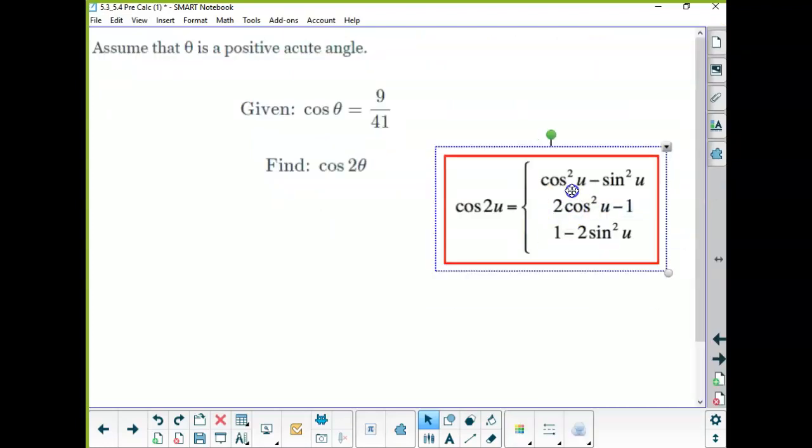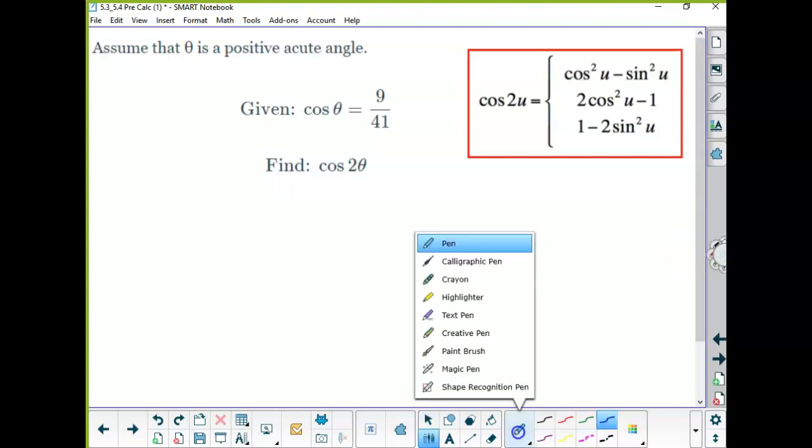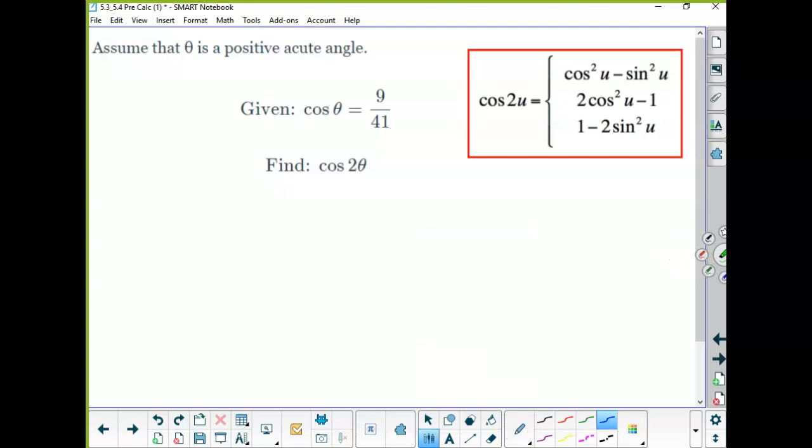Let's try this again. There we go. All right, this is the one that I anticipate some struggles on, just because it's not as clear as the other one. But what we need to do then is we have to take the given information.